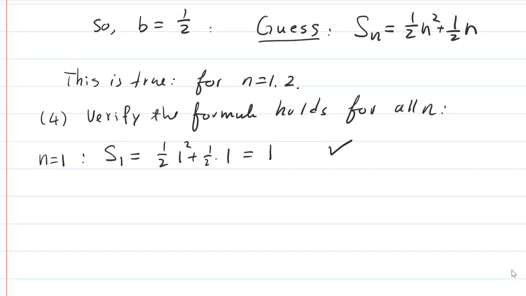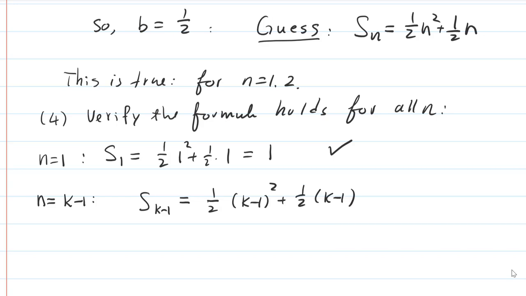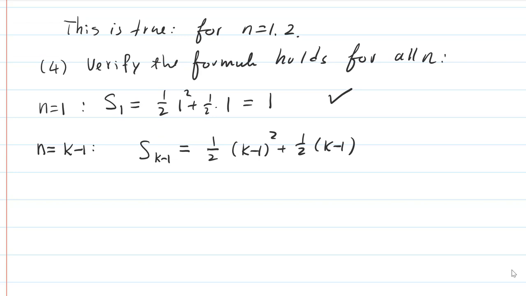Then we assume it is true for n minus 1. You can use a different symbol, k minus 1. This is the induction assumption: S(k minus 1) is 1/2 (k minus 1) squared plus 1/2 (k minus 1). Then we verify it is true when n is equal to k.